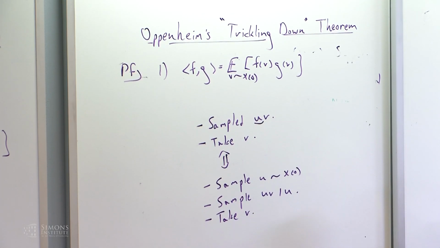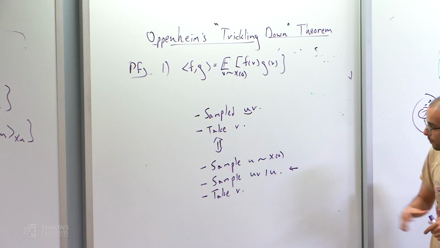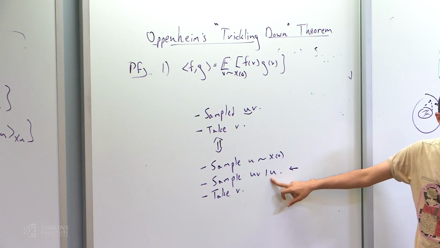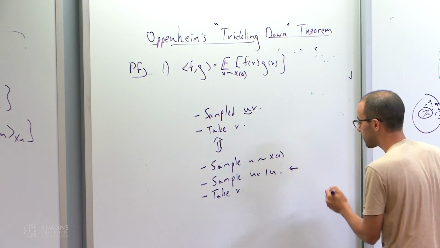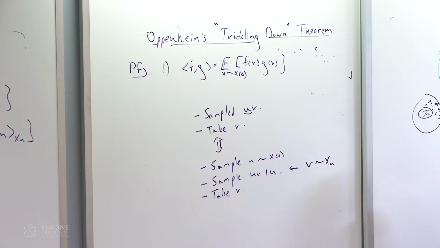But this second step of sampling an edge UV given that it contains U is precisely like sampling V according to the link of U.